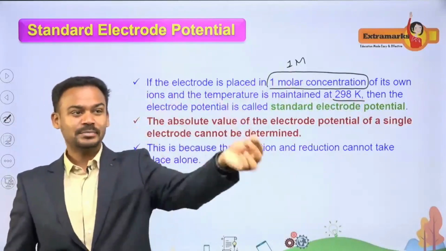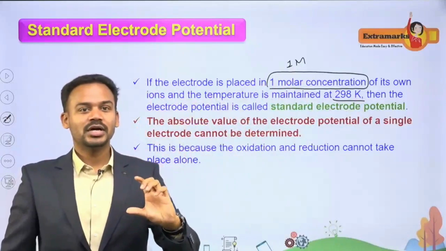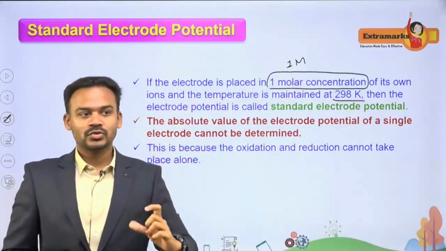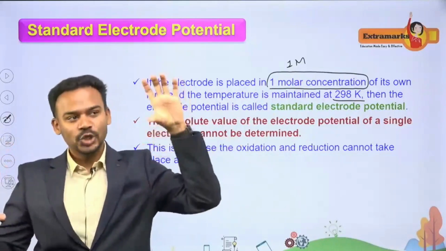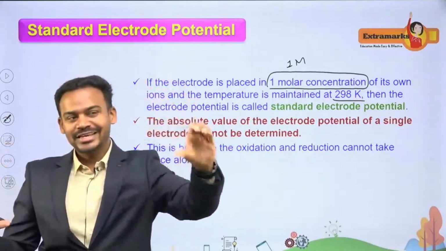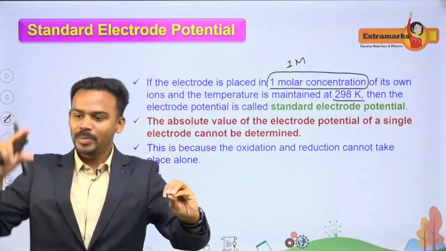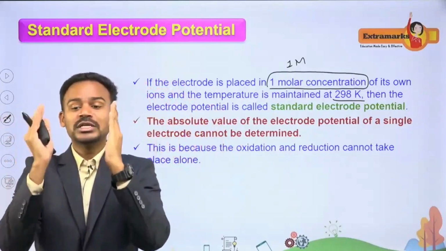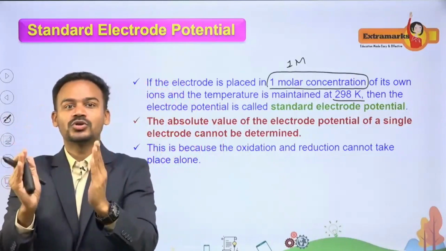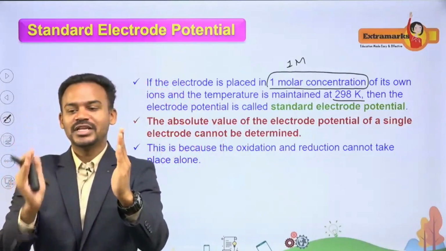Whenever we talk about zinc dipped in its solution, it should have a particular value. So whenever I take zinc half cell connected with copper half cell, since I know the potential value of zinc in zinc sulfate solution and copper in copper sulfate solution, it will be easier for me to find the potential difference between these two electrodes, this oxidation half cell and reduction half cell.